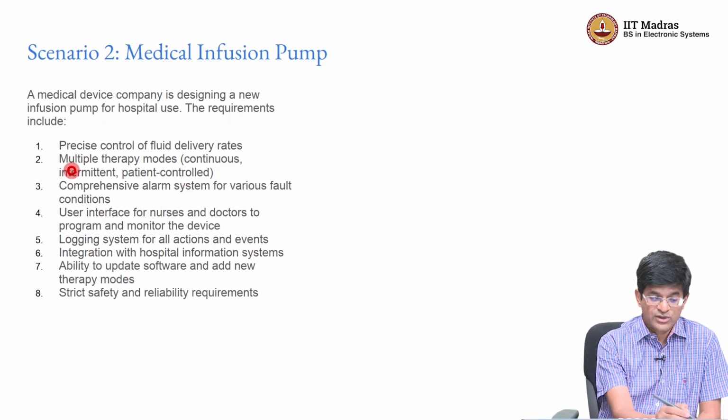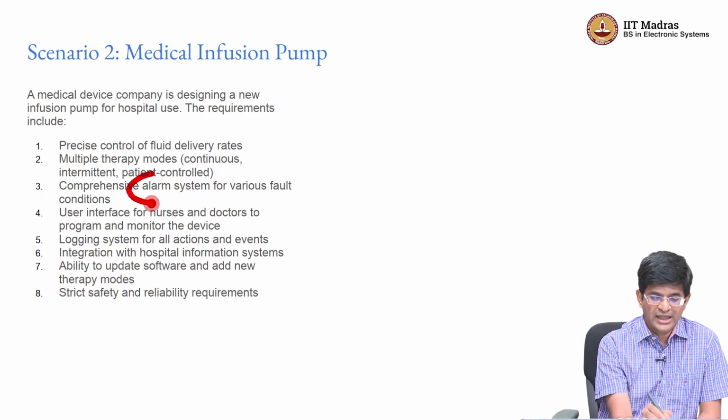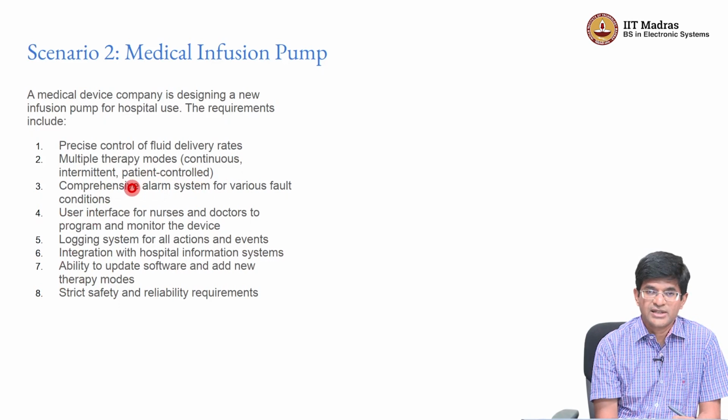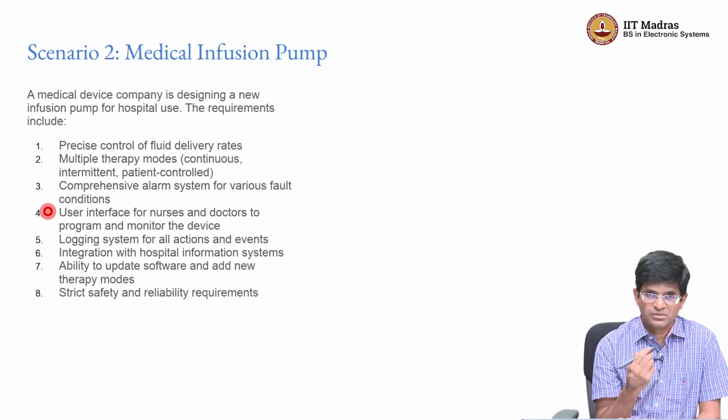And more than anything else, you will find that there are a lot of things out here which revolve around this idea of safety, reliability, and alarm systems, right? For any kinds of fault conditions, you should have very quick detection of fault conditions and so on. You probably need some kind of good user interfaces because the people who are going to use this are not traditional engineers.